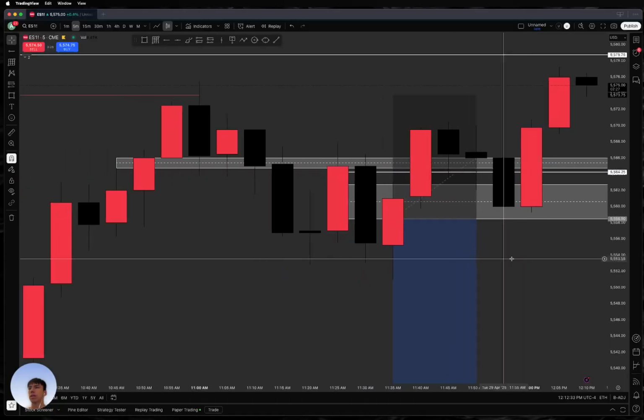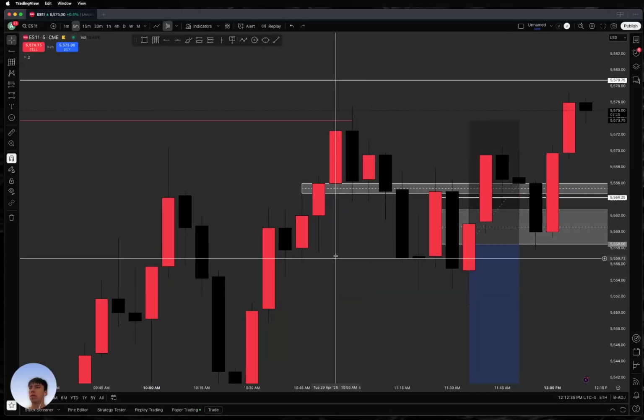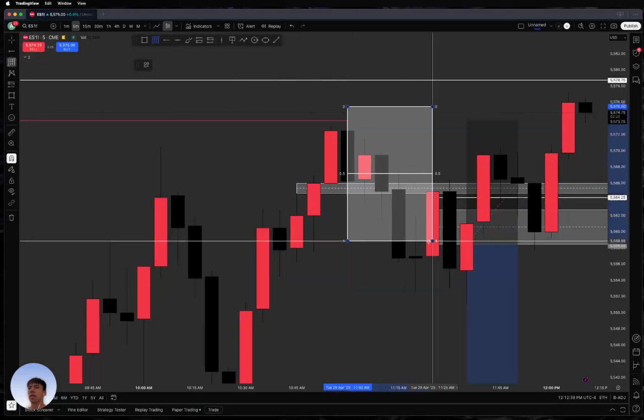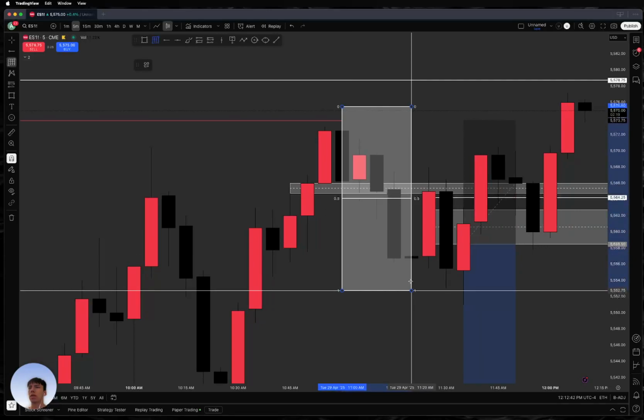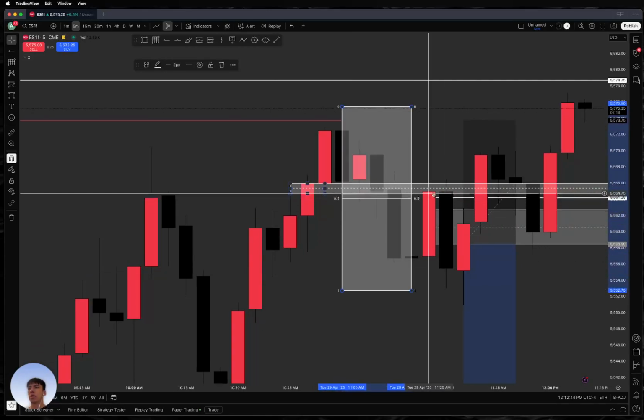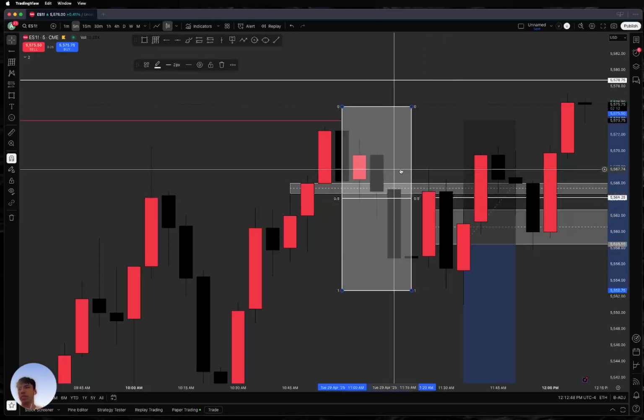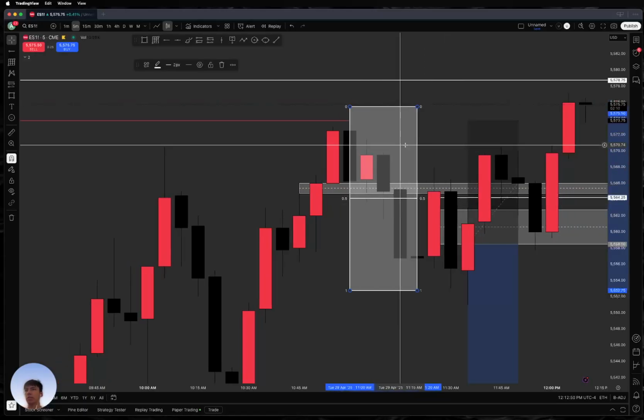So now we need a continuation. I think I used equilibrium again. We saw that these two candles right here ended up moving into a premium, which is the top half of this equilibrium.